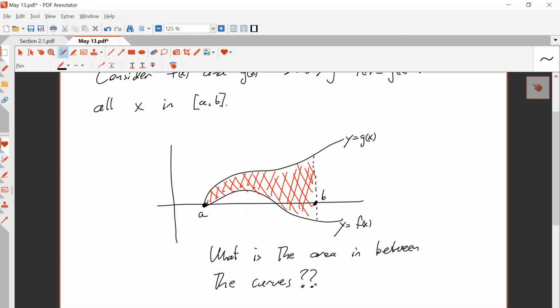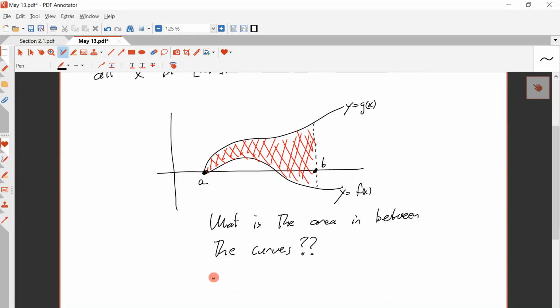Okay, notice that this is inherently a positive answer. The area as defined must be positive.